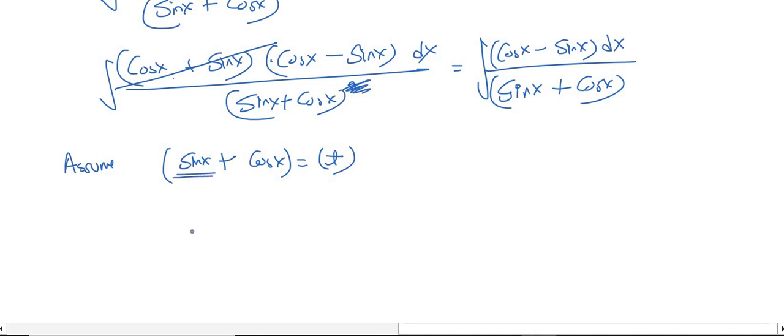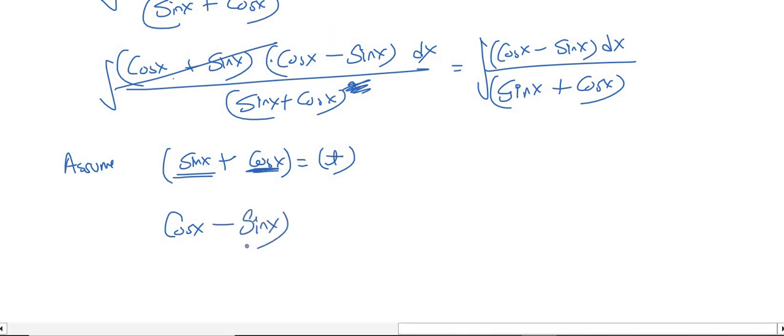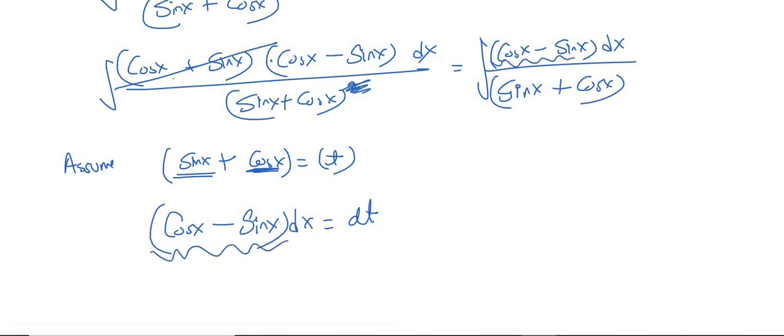What is the derivative of sin x? Cos x. And the derivative of cos x is minus sin x. So it's nothing but (cos x minus sin x) dx is dt, and this is exactly matching with our numerator.